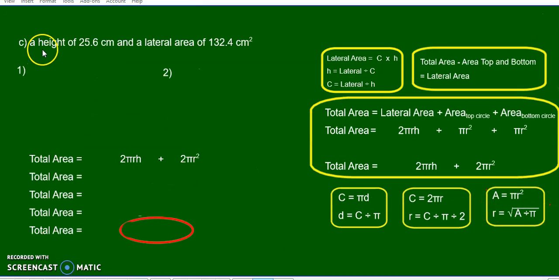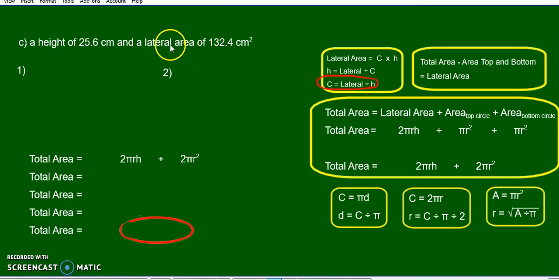So in part C, we're given the height and the lateral area of the cylinder. We're given the height, so that's fine, but we don't have the radius. But we're given the lateral area and the height. So what formula can I use to help me find the radius? Well, if the lateral area is circumference times height, I can just rearrange the equation and say circumference is lateral area divided by height.